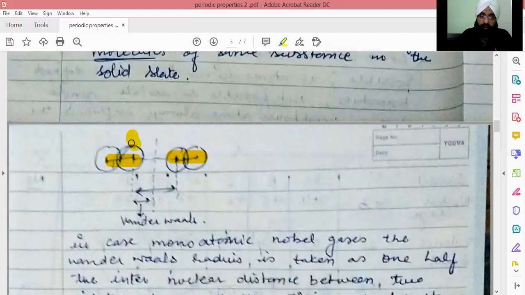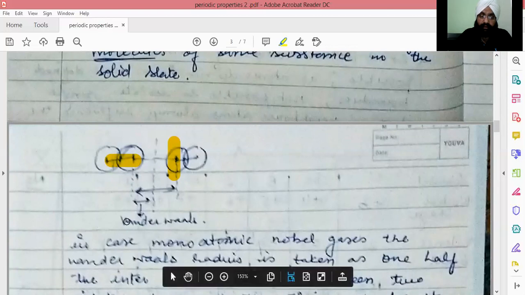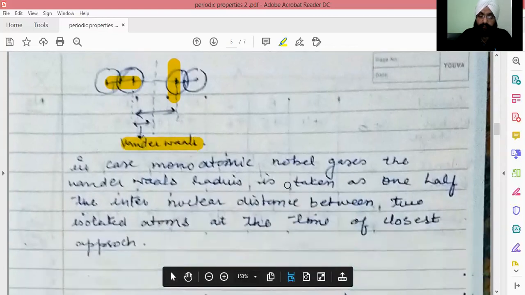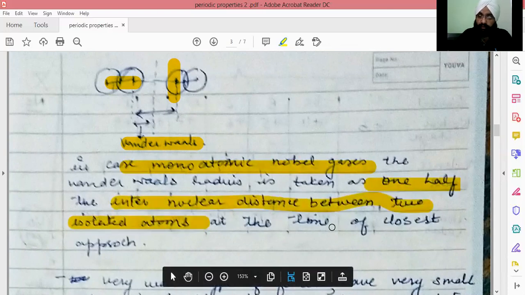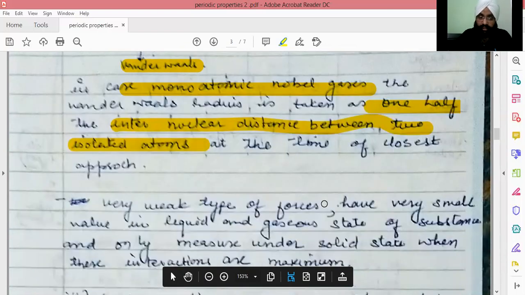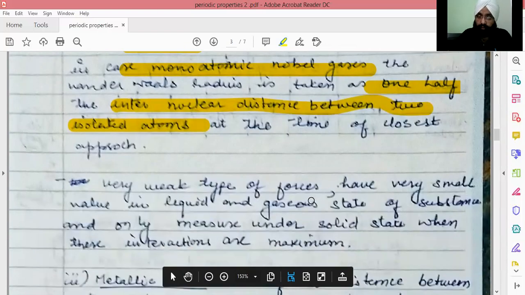The distance from the nucleus of this atom to the nucleus of the other atom is the internuclear distance between the two molecules, and half of this is known as the van der Waals radius. In the case of monatomic noble gases, it is taken as one half of the internuclear distance between two isolated atoms which are adjacent to each other, at their closest approach at that time.